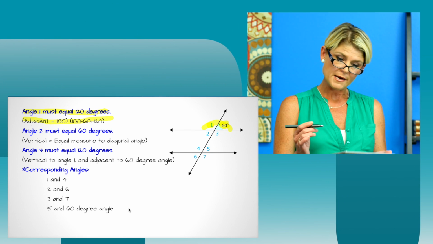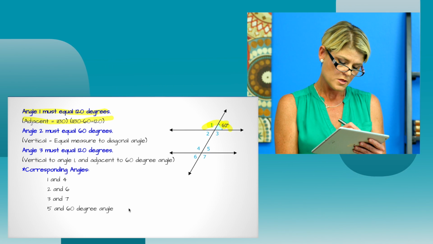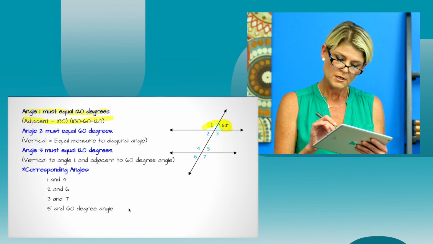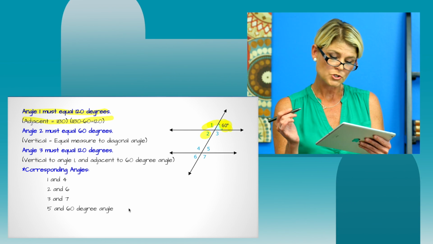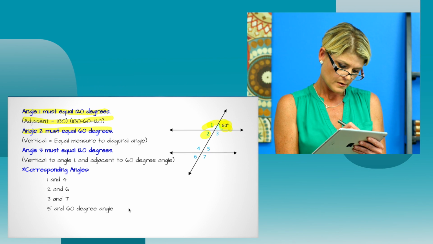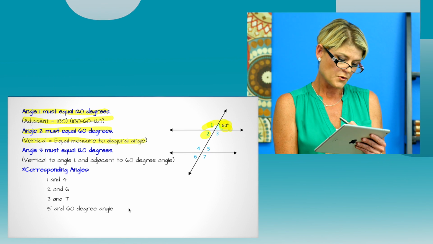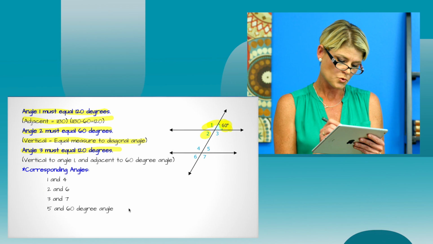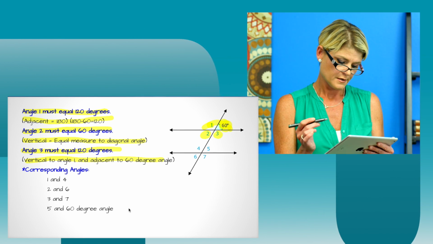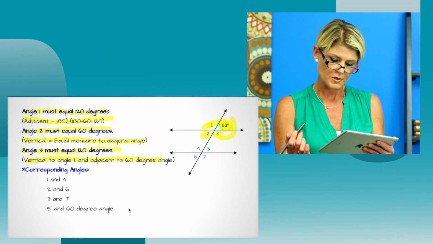All right, now what about angle 2? Well, now that we know that 60 is here, angle 2 is vertical to 60, so we know that's going to be 60.